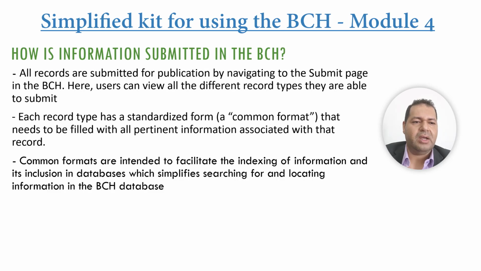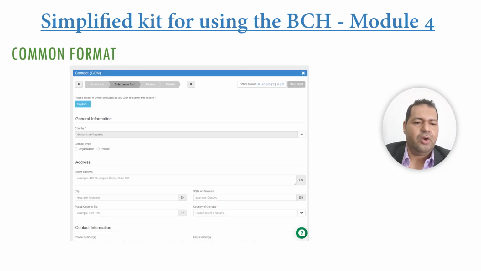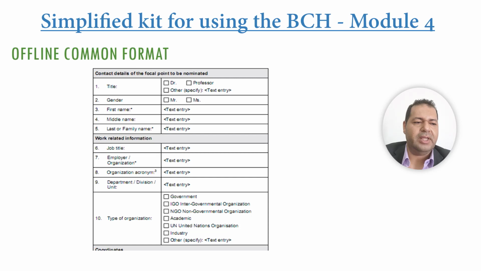Common formats are intended to facilitate the indexing of information and its inclusion in the databases, which simplifies searching for and locating information in the BCH databases. Common formats are data entry forms that can be filled out online and can also be downloaded as a Word file in any of the UN languages. Offline common formats can be used to collect the required information from national departments before being submitted online.